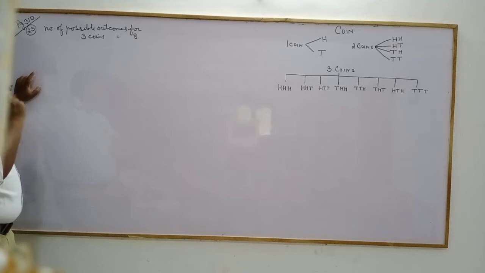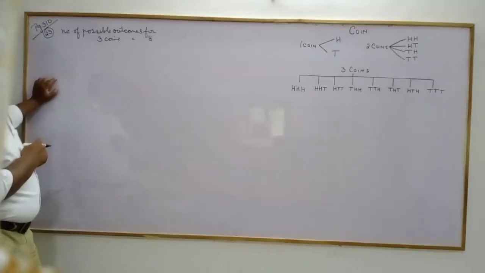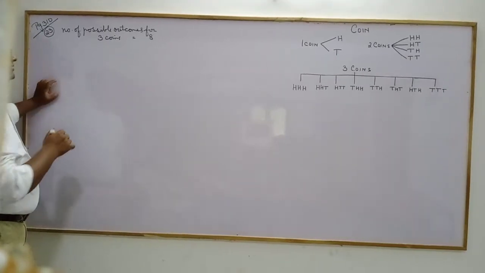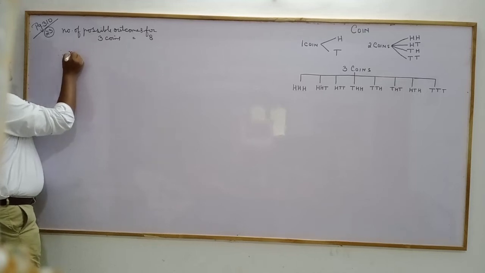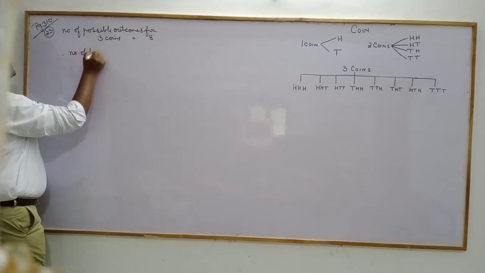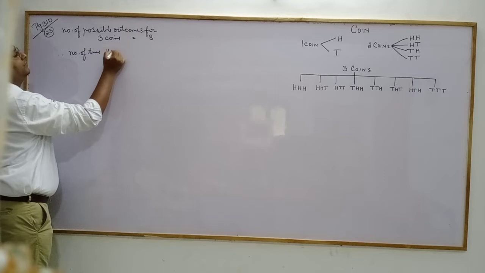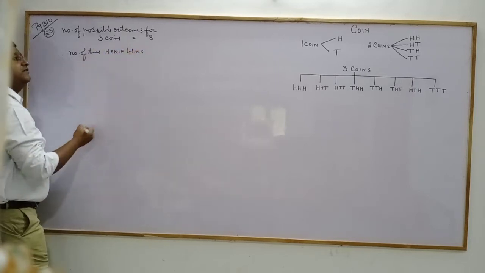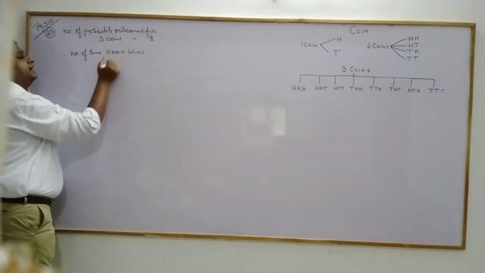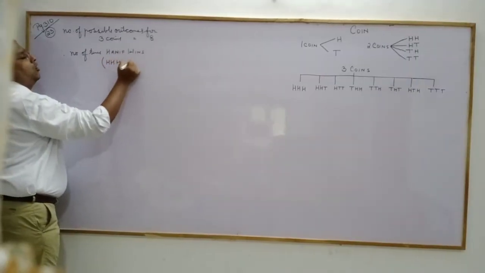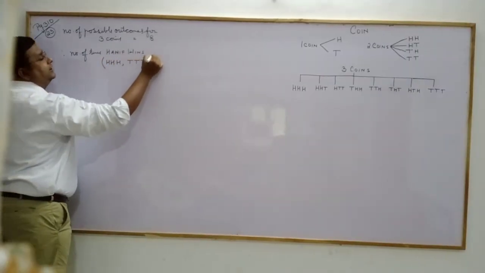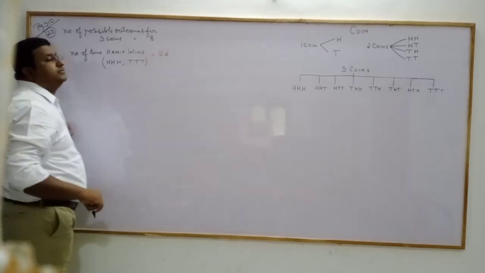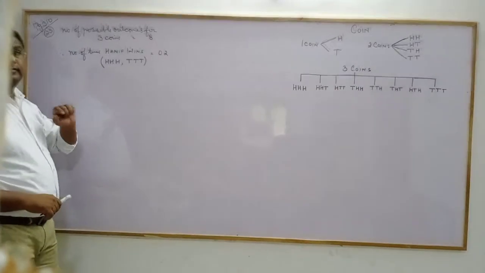Yes or no? So how many times is it giving the same result? It's given only twice. So Hanif wins only in 2 cases. When it is head, head, head, or tail, tail, tail. That is how many times? 2 times. Out of how many? 8. Can you see that?